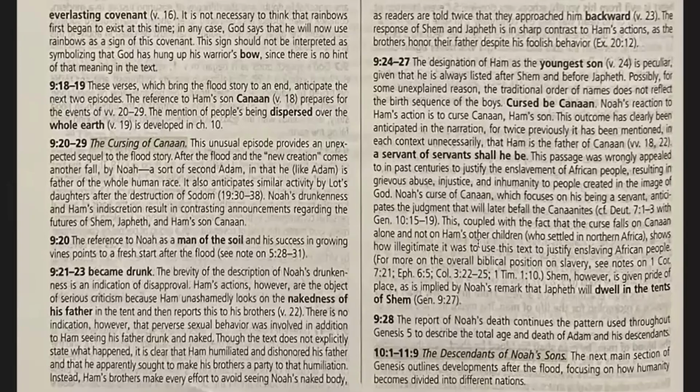This is why it's important to have solid biblical literacy, because again, the curse, as it states, is on Canaan.